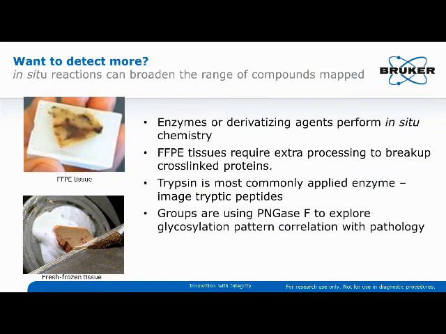One of the ways of broadening the scope of what can be detected in MALDI imaging is using enzymes or derivatization agents. These are actually applied directly to the sample.